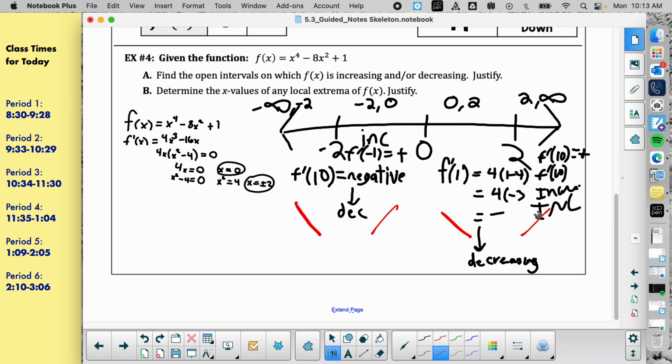And then at x equals 0, it's from increasing to decreasing, so it's a relative max. Perfect. And then at 2, it's from decreasing to increasing, so it's a relative min. Perfect. Nice job.